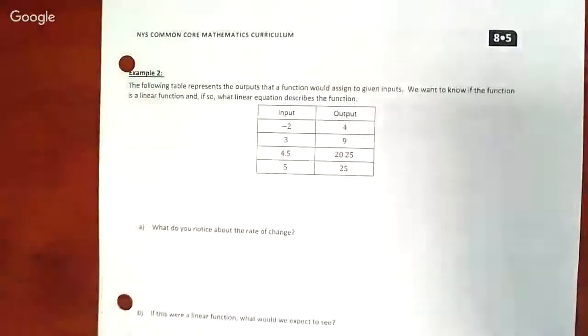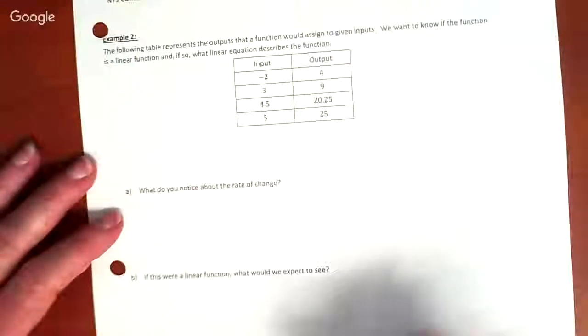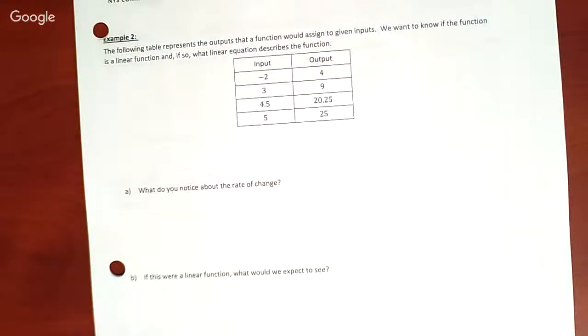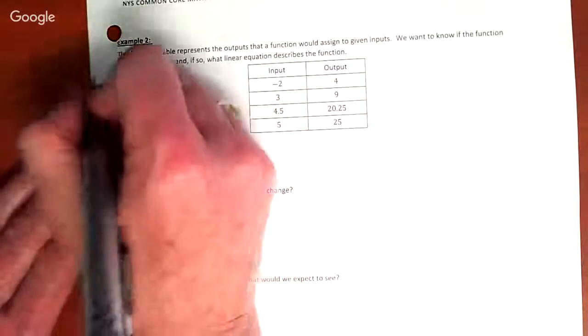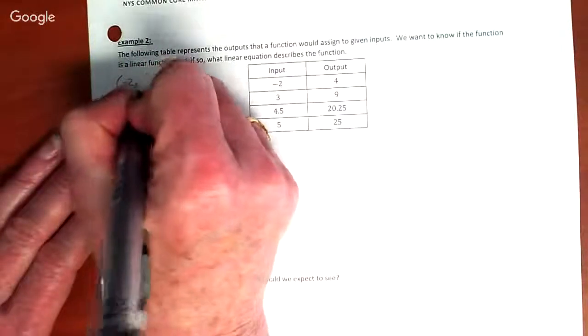So next, let's look at our second function. This function is not necessarily a straight line. When we checked here, we had (-2, 4) and (3, 9).